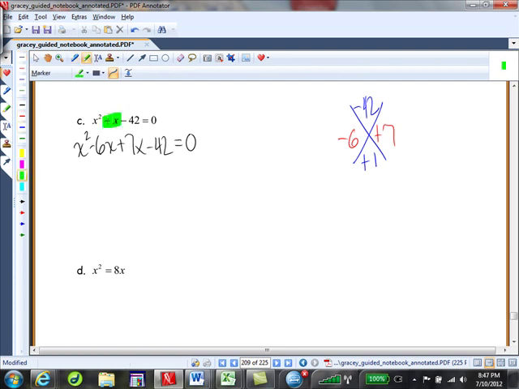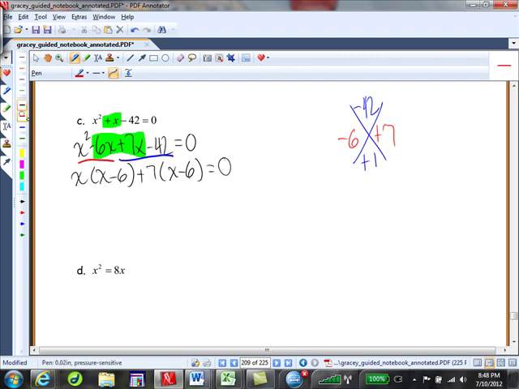My middle term was rewritten like so. I've got my red group and my blue group. Sound familiar? Now, factoring from my red group, I get x times x minus 6. And then plus 7 times x minus 6 equals 0.